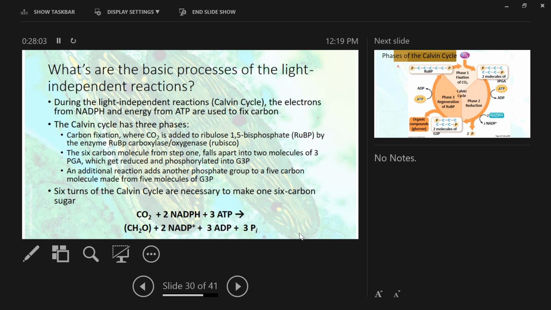So this is what happens for every 1 turn of the Calvin cycle. You take 1 molecule of carbon dioxide, you take 2 molecules of NADPH, really just the electrons and the hydrogen from them, 3 ATP to make 1 carbon sugar, 2 molecules of NADP plus that can be reused in the light dependent reactions, and then 3 ADP.